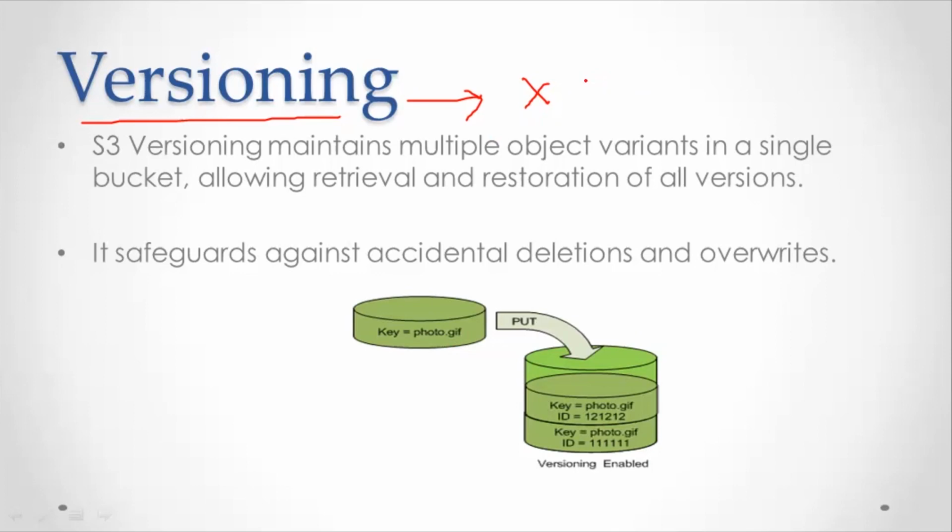So you might want to think carefully before you enable versioning, because if you enable it and later change your mind, it's not going to work. This is very important to understand.